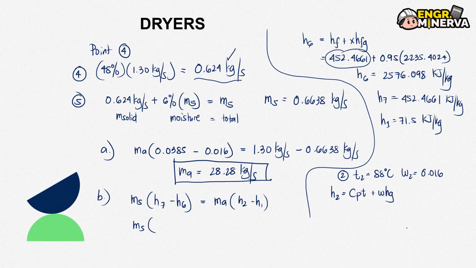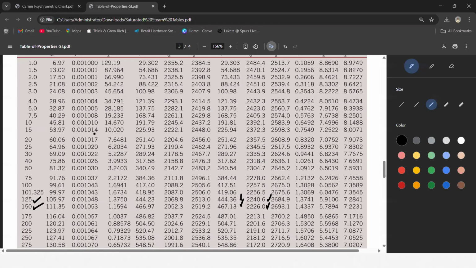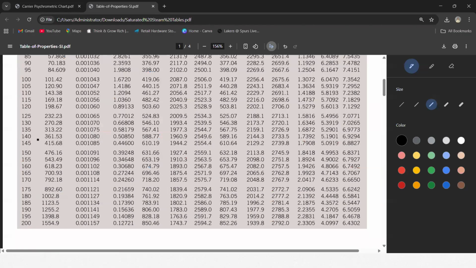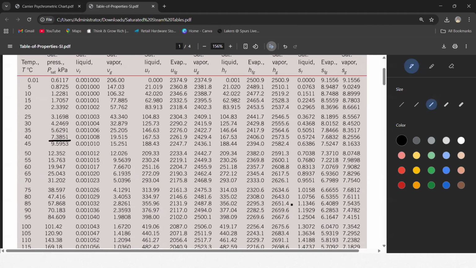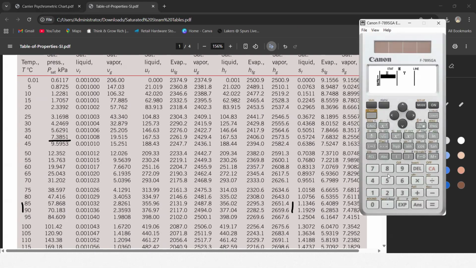Okay, so the Cp of air is 1.0062 multiplied by temperature plus W times Hg at 88 degrees Celsius, which we will check on the steam table again. At 88 degrees Celsius, there is no 88, so we use interpolation again, mode 3-2. We have 85 and 90.